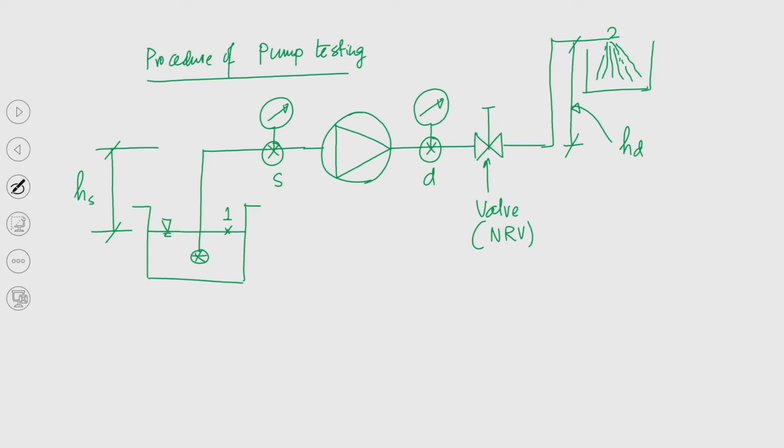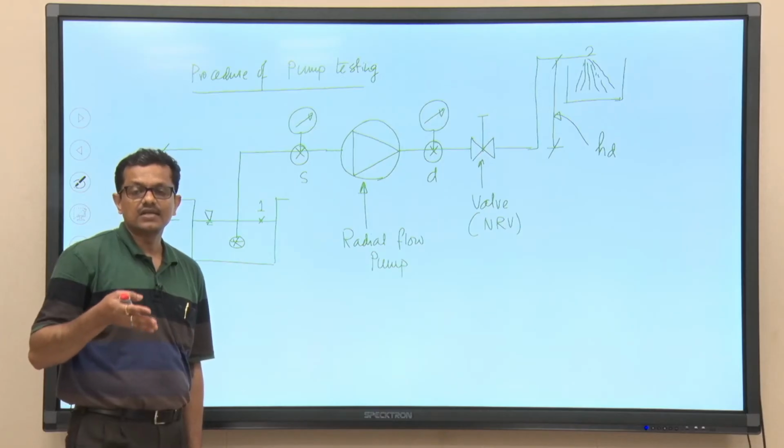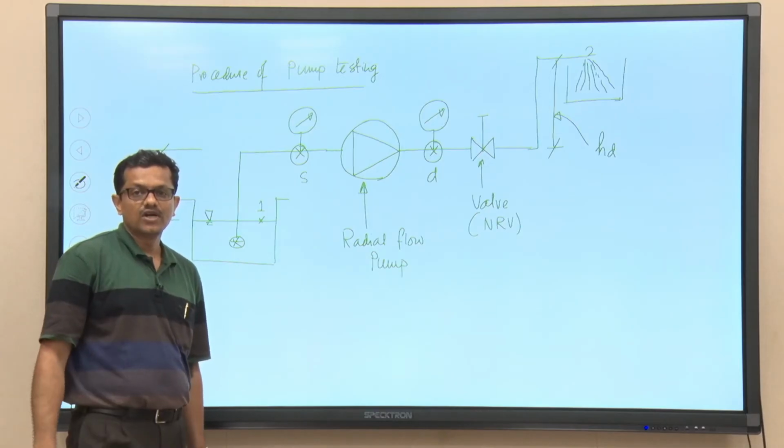I will now briefly describe this circuit. What you can see, this is the radial flow pump which should be tested now. Why? To generate data, to generate curves. What are those curves?